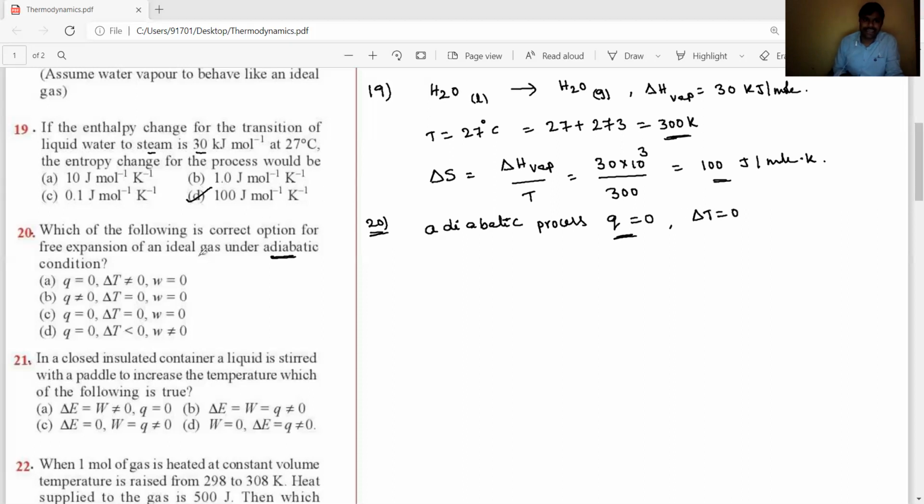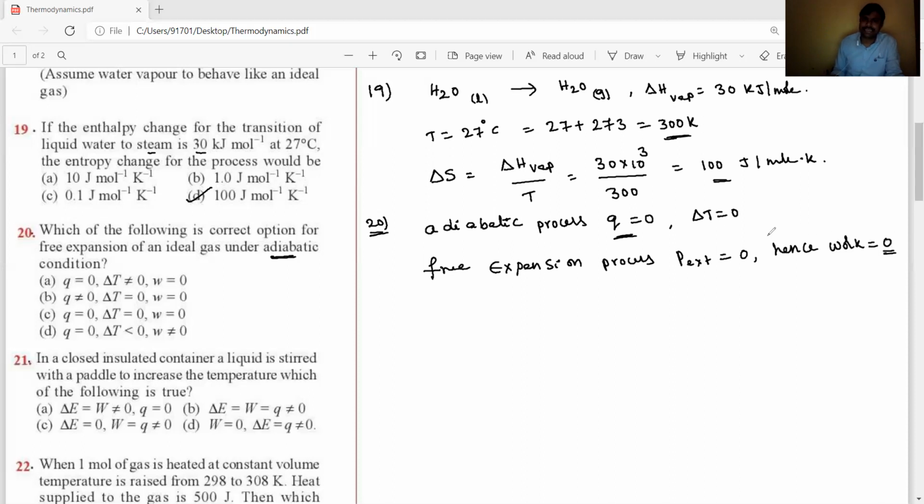So which of the following is correct for free expansion of an ideal gas? In the free expansion process, the external pressure is equal to 0, hence work is equal to 0.